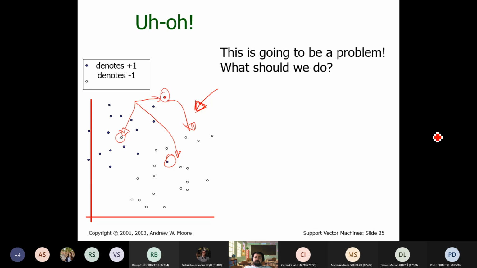You can go in a space where these points will be separable by a linear classifier, but to get there, you will actually achieve overfitting, in fact, because you simply increase the number of dimensions.